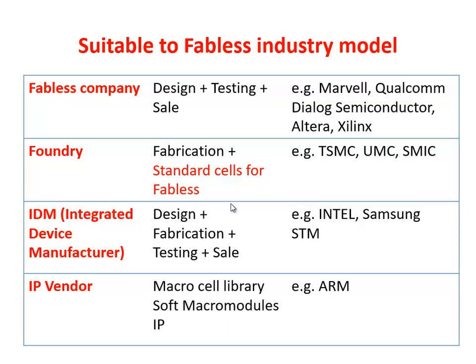But now, of course, things are changing, because all three companies, Intel, Samsung, and STM, also offer their foundries as a foundry service for other companies. So things are significantly mixing up. Okay.